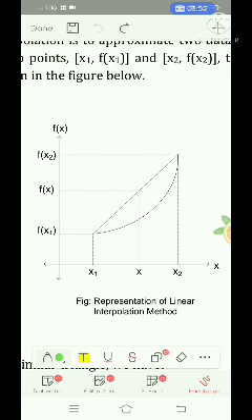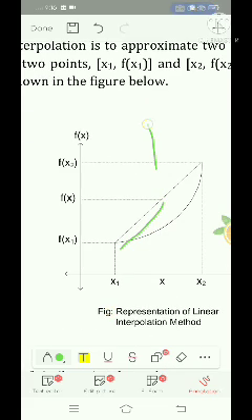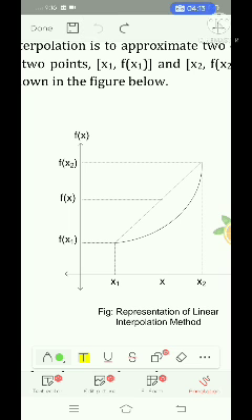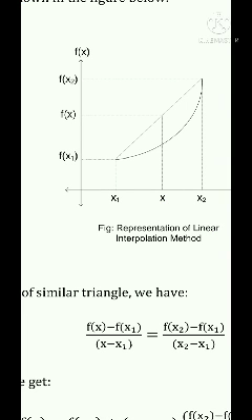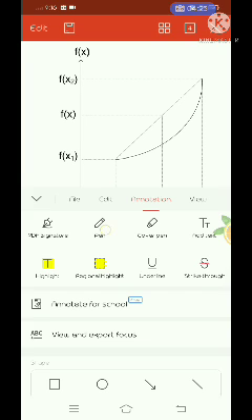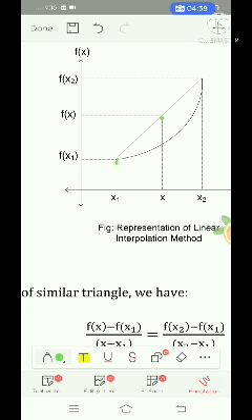So in this topic, we use the concept of similar triangles. We can make use, for example, of this triangle here. Where does this come from? This is f(x) minus f(x1), f(x) and f(x1), and then f(x2) and f(x1).